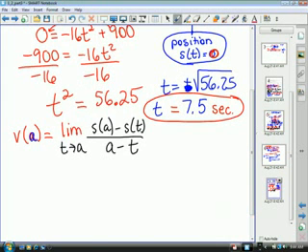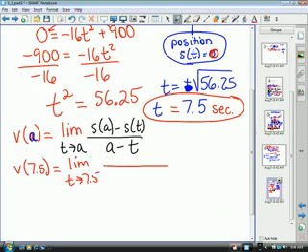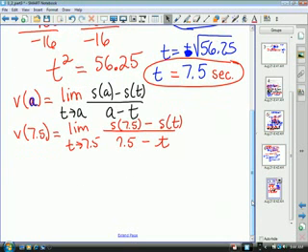He wasn't moving. 7.5 because he hit the ground 7.5 seconds later, right? So to get the velocity at 7.5 seconds, you're going to do the limit as t approaches 7.5 of s of 7.5 minus s of t over 7.5 minus t. Okay, so that's the limit we're going to have to calculate.